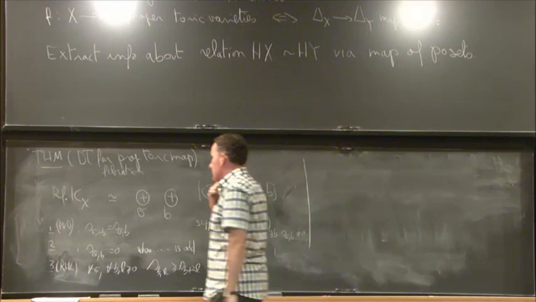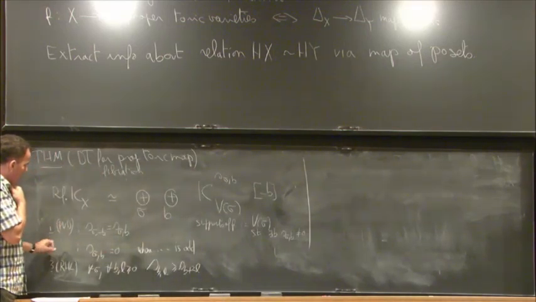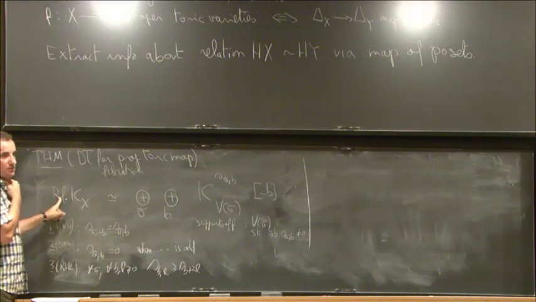Now, let me just say a few words about the proof. So these are all easy consequences of the facts I put in parentheses, provided you have this. So how do you get this?